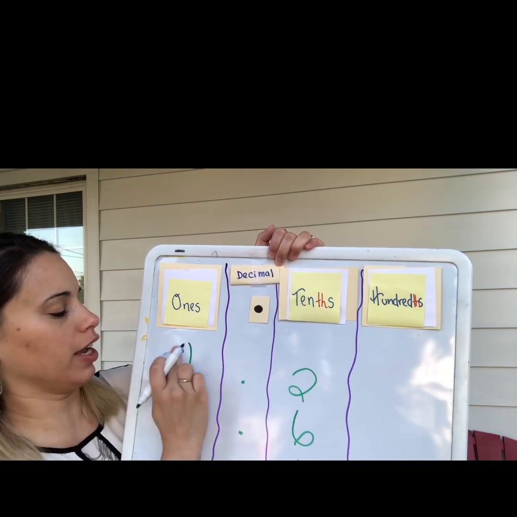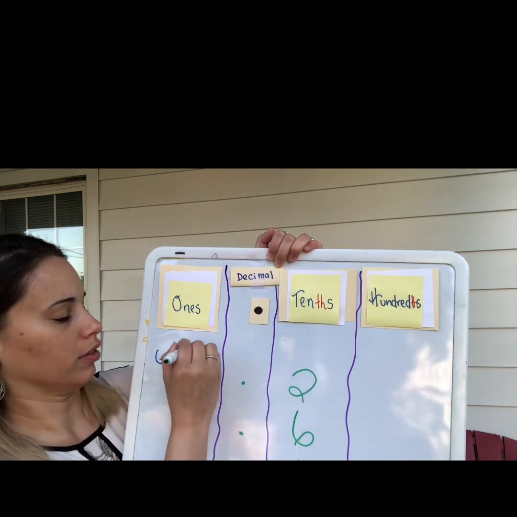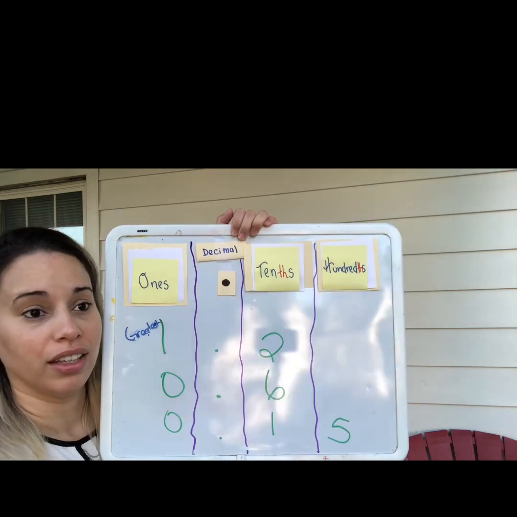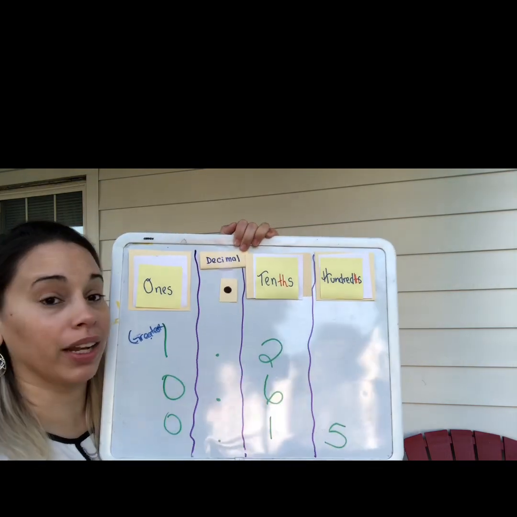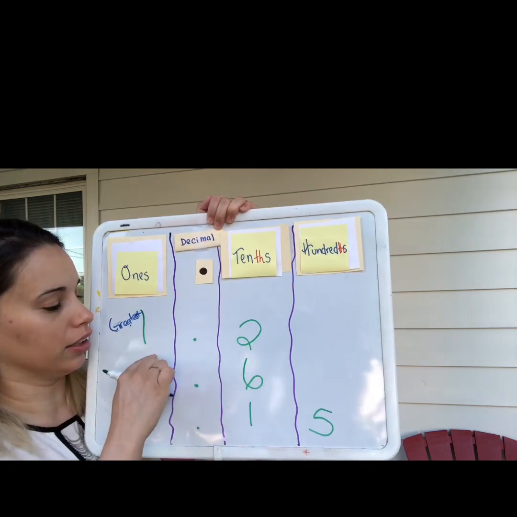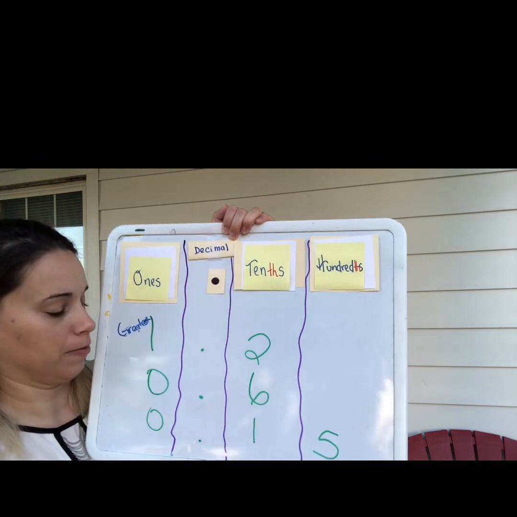This is my greatest number, because as a whole, these other two don't even have that. I like to think about decimals with money. Some of you could think about it with food. But if I have $1, I have more than the person who doesn't have $1.